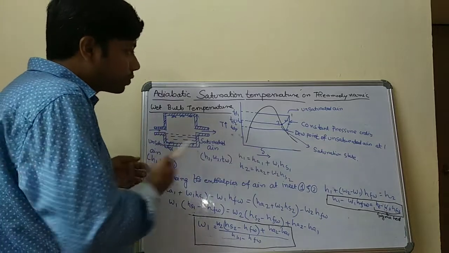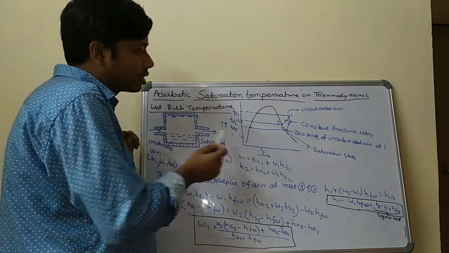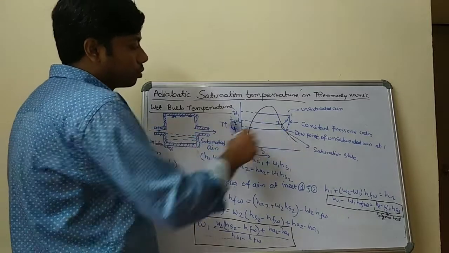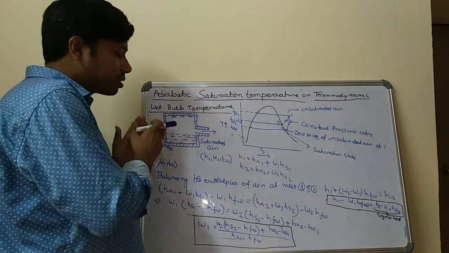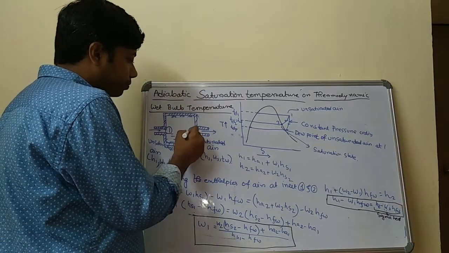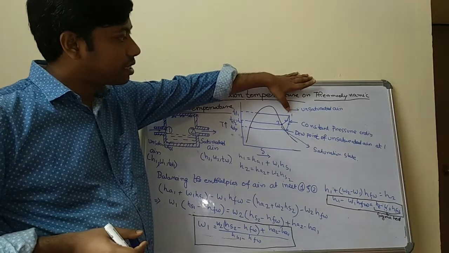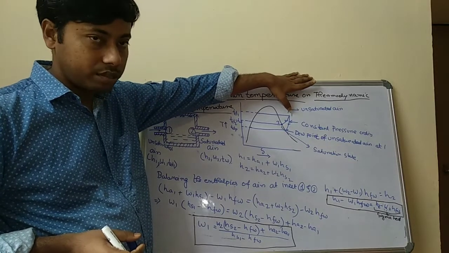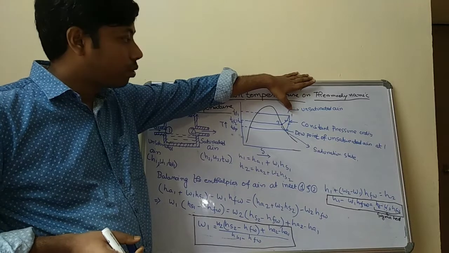Okay. Now if you represent this phenomenon in the TS diagram, first of all, when the air enters at section 1, this is section 1 and this is section 2. At section 1, the air is in the unsaturated condition.